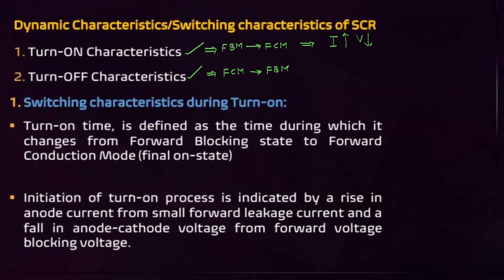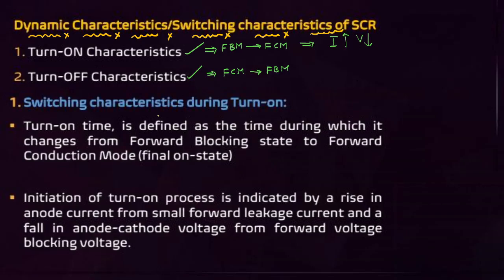Next. With these turn on methods, the two transistor analysis concept and important observations are completed. One more topic with respect to SCR: dynamic characteristics of SCR. Dynamic characteristics are also called switching characteristics of SCR.